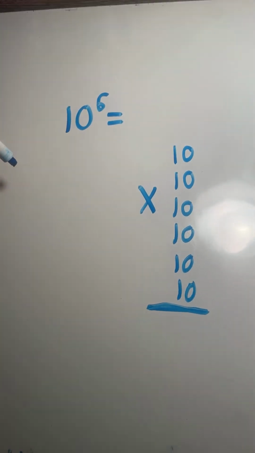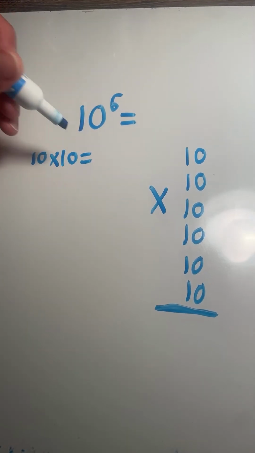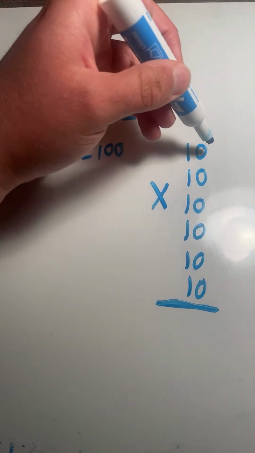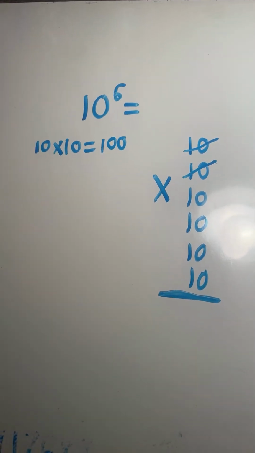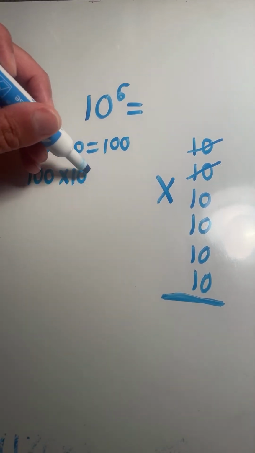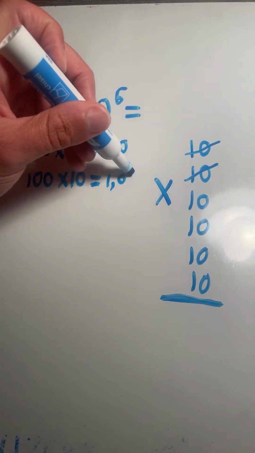So it starts off simple. 10 times 10 equals 100. So we have just multiplied the number 10 twice. 100 times 10 equals 1,000.